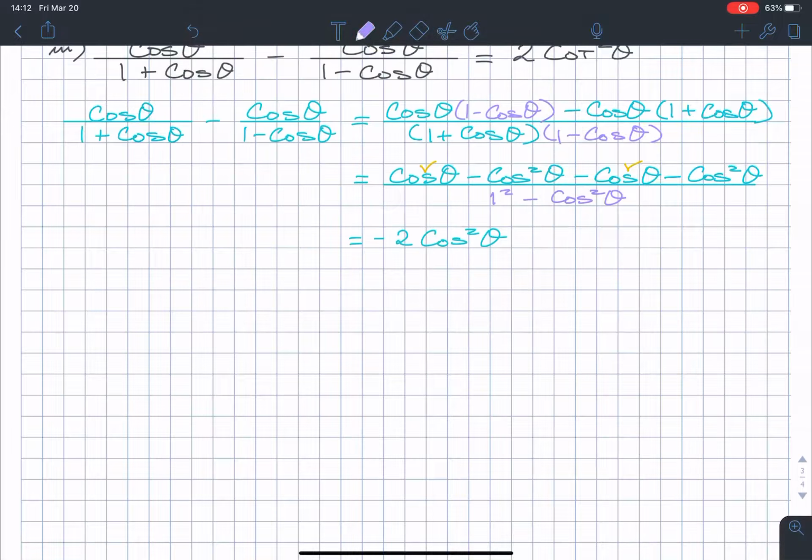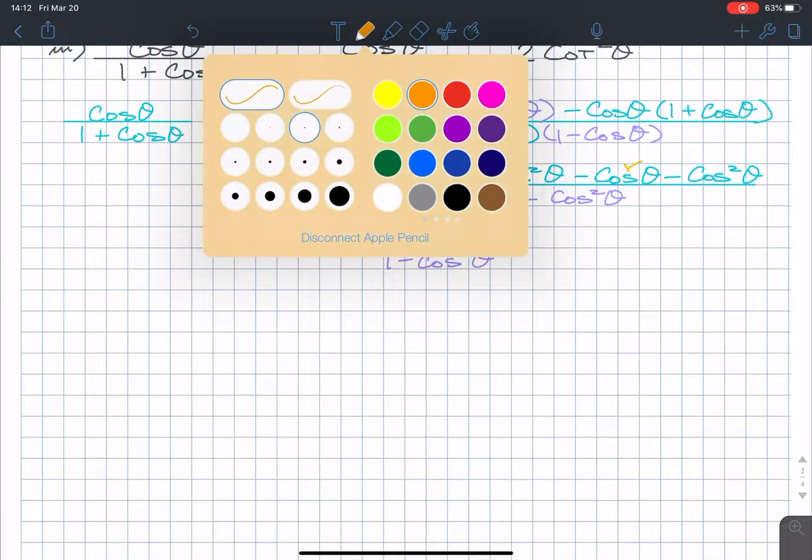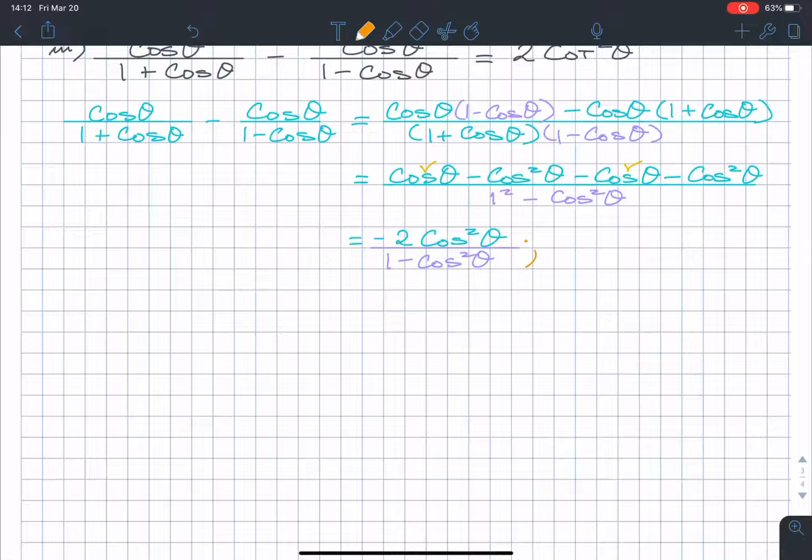And in the denominator, I'm left with 1 minus cosine squared theta. So once again, I go back to my main Pythagorean identity, which is cosine squared theta plus sine squared theta is equal to 1. So I notice if I subtract cosine squared theta, I get sine squared theta is 1 minus cosine squared theta.